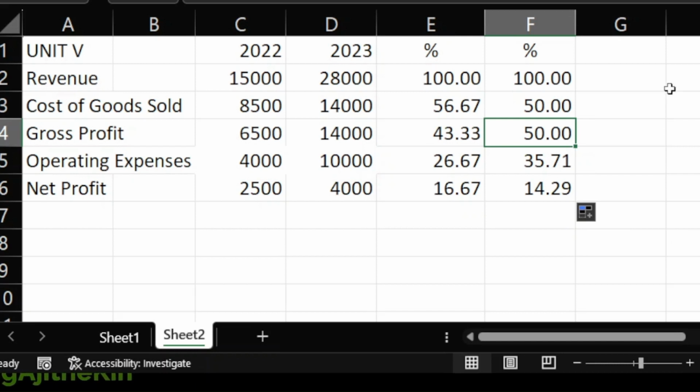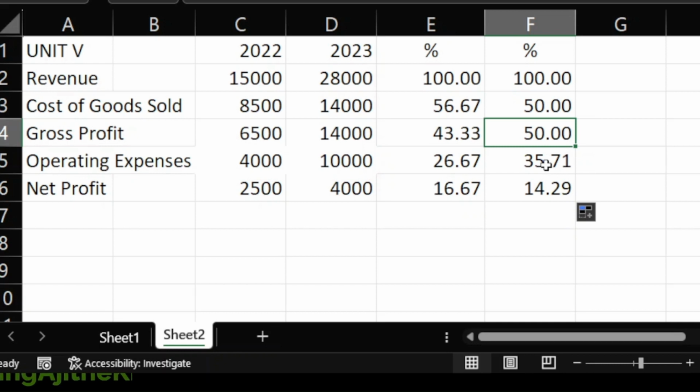How do you make that comparison? Say for instance, here cost of goods sold is 56% in 22, whereas in 23 it come down to 50%. So thereby profitability would increase. And whereas operating expenses 26% in the year 22, but they are tremendously increased to 35.75.